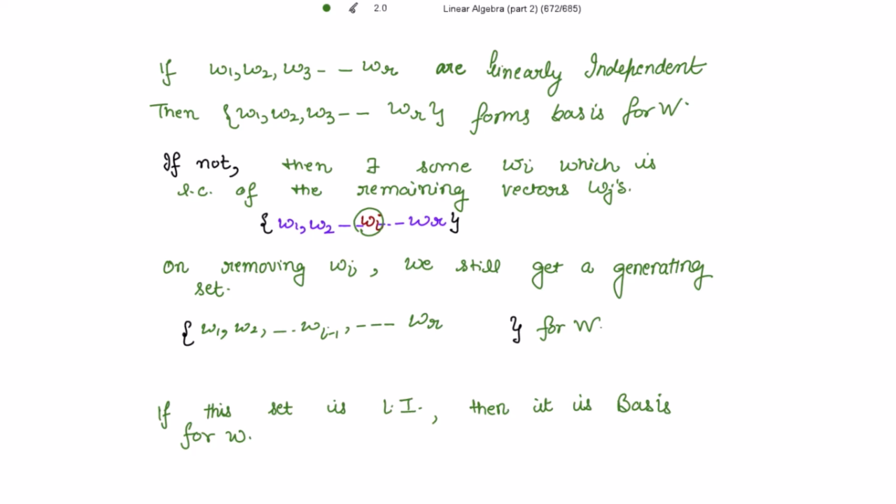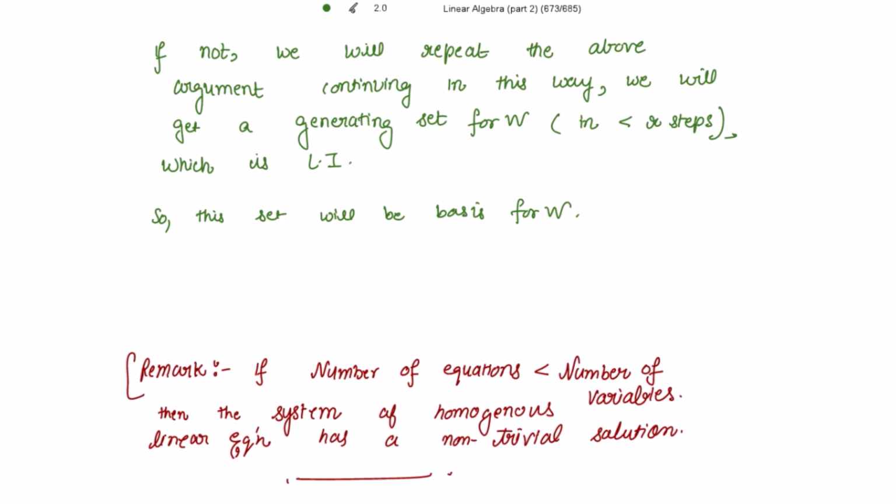Going like this, finally we will get a generating set in less than R steps which is linearly independent. So this final set will be the basis for W. At a certain step we get a generating set for W which forms the basis for W.